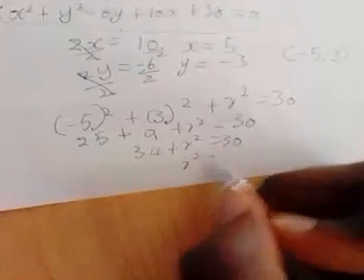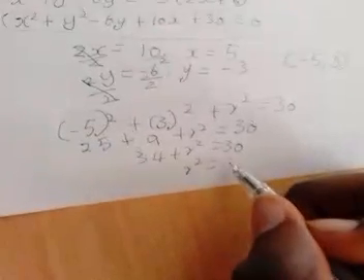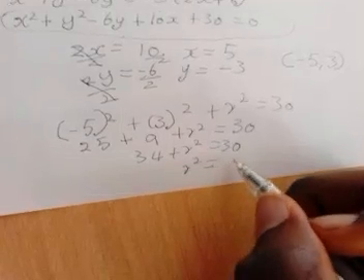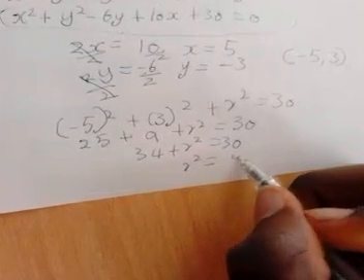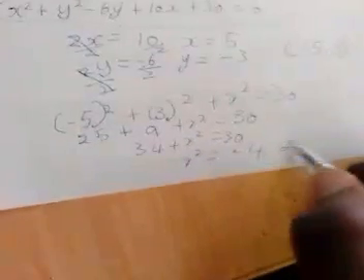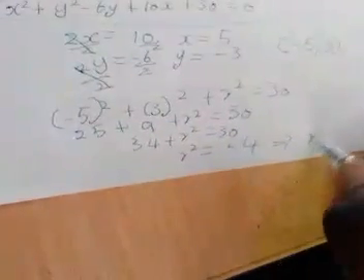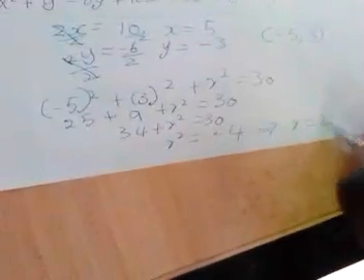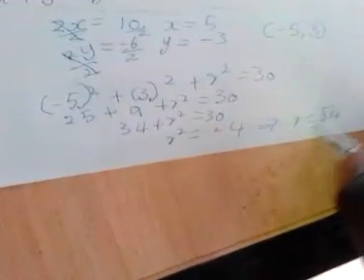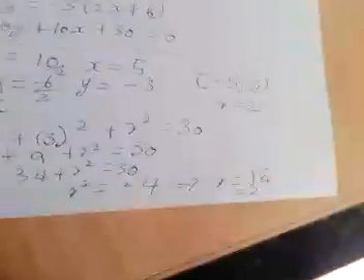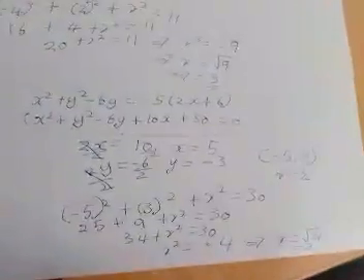Making r squared the subject by subtracting 34, I'm going to have negative 4. And since I'm dealing with radius, I'll forget my negative value, and the square root of 4 is 2. So my radius is equal to 2. God bless you, and I believe this will help you in your study of maths.